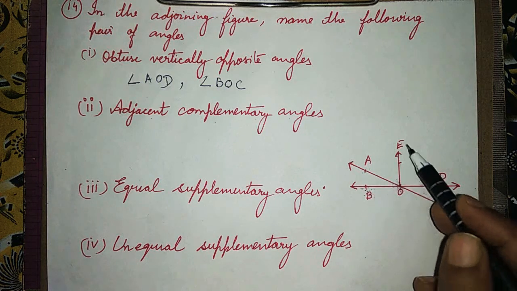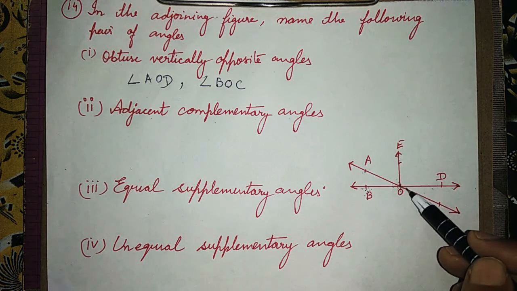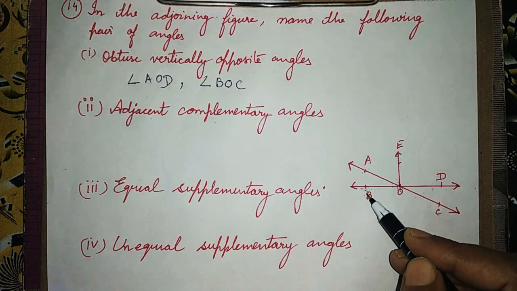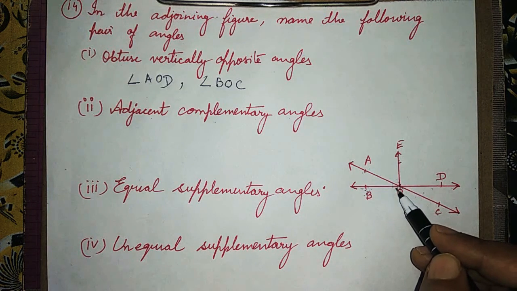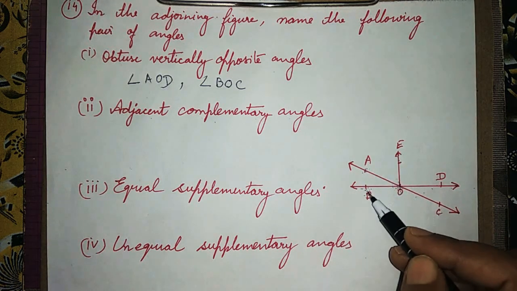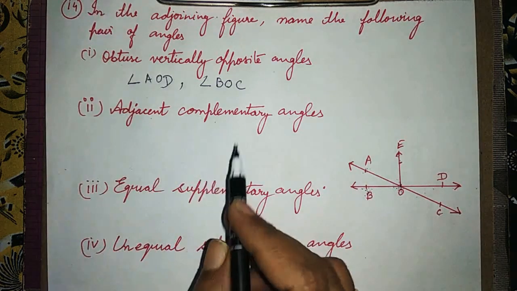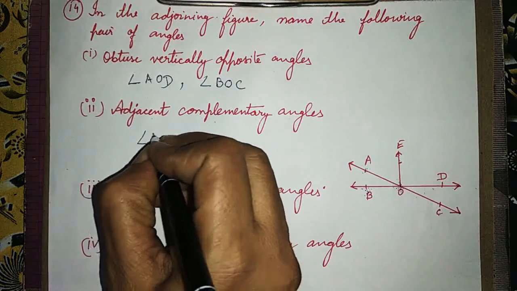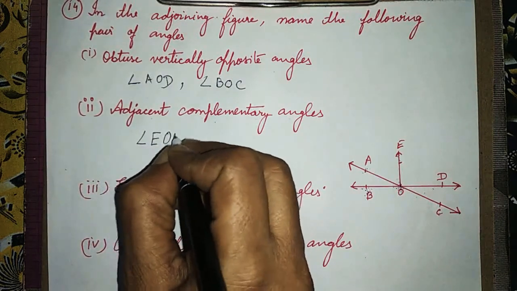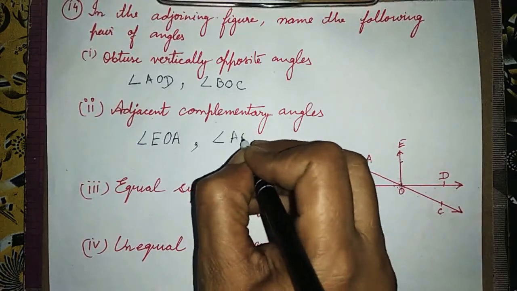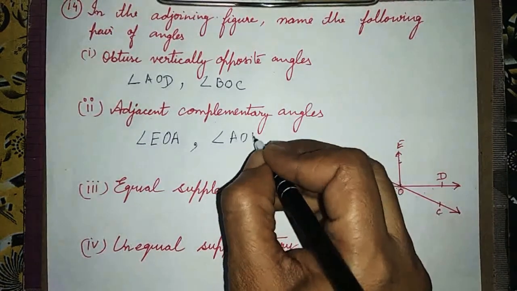So here you have seen that these two angles are adjacent and complementary both. So you can write angle EOA and angle AOB for this adjacent complementary angle.